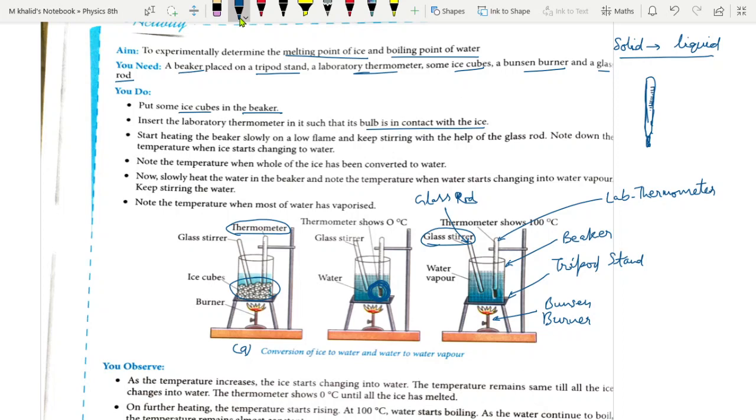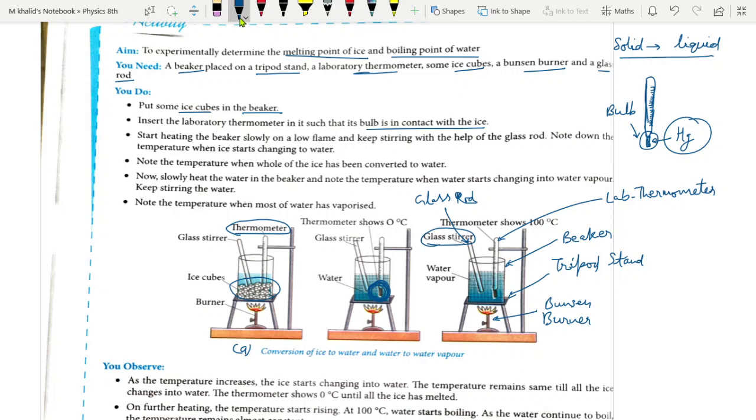Here it has some reading markings, and at the bottom of the thermometer there is a metal surface, and inside that metal surface we have filled some mercury. This metal area is known as the bulb of the thermometer.